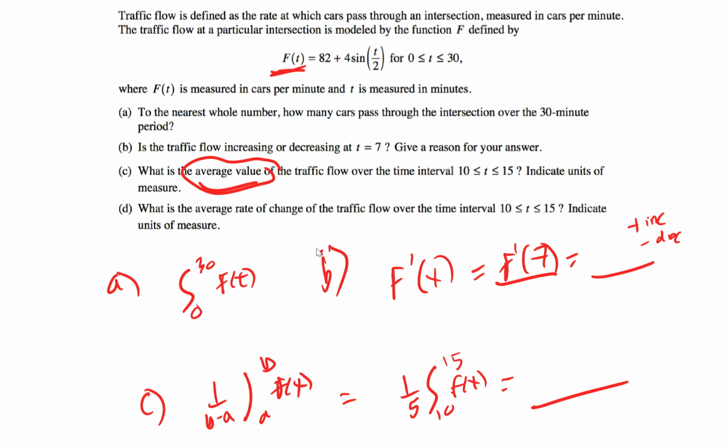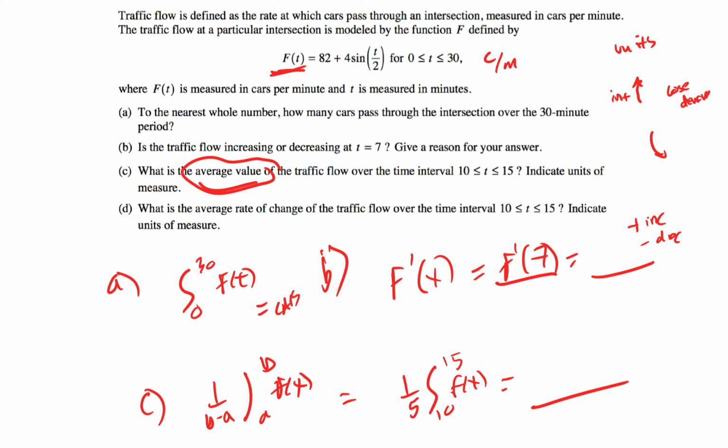Units of measure, let's talk about that real quick. So we're integrating f of x. It says right here, measured in cars per minute. So when I got this answer here, this would just be cars, because when you integrate, you lose the denominator.